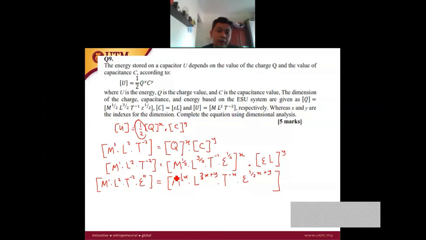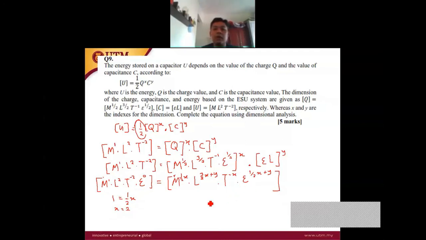So we compare this index with this index. So we get 1, supposed to be equivalent to 1 over 2 x. Okay, so we can solve that. So x will be equivalent to 2. We get the index value of 2.